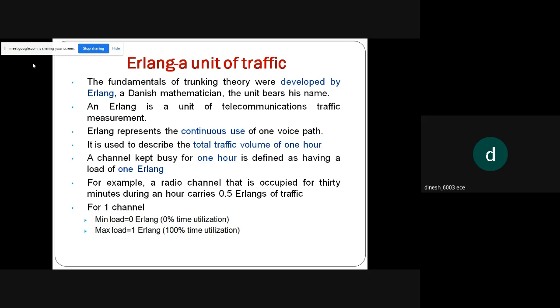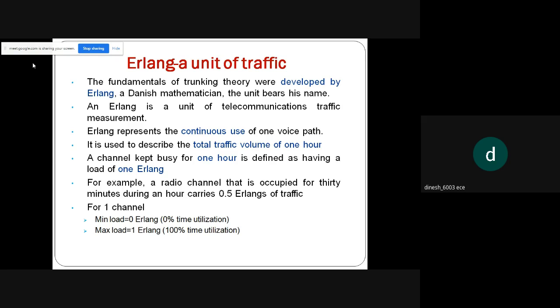So a channel kept busy for 1 hour is defined as having a load of 1 Erlang. Okay, how do we calculate this traffic intensity? The number of calls being made for 1 hour in that entire region determines your traffic.